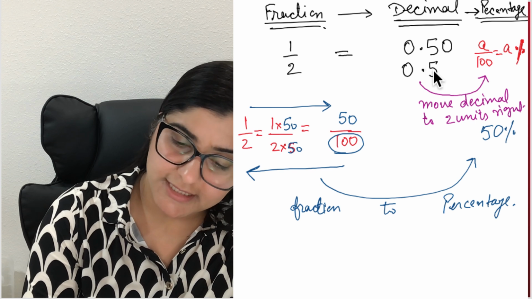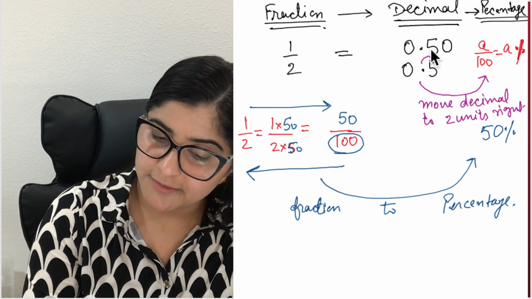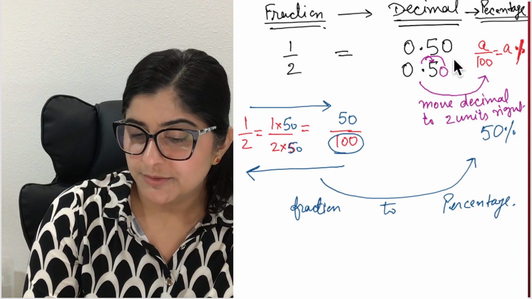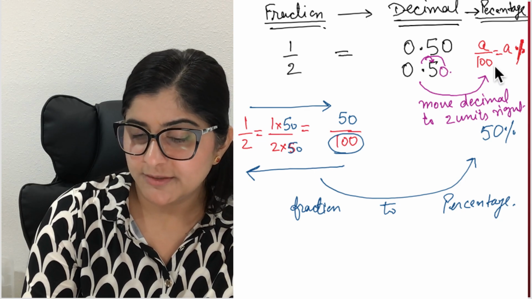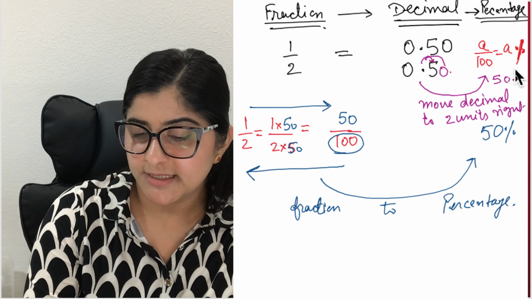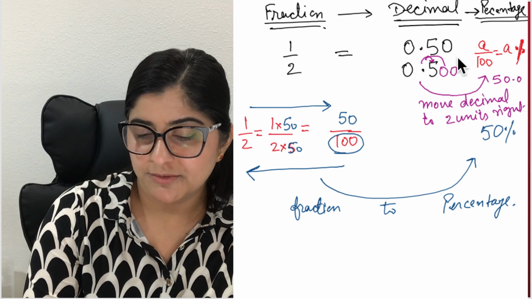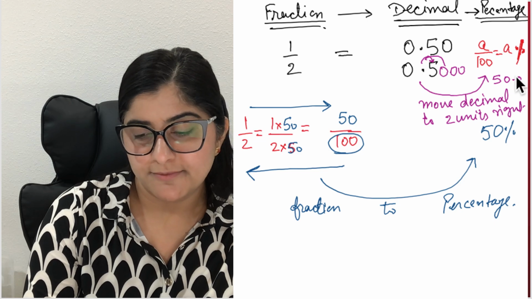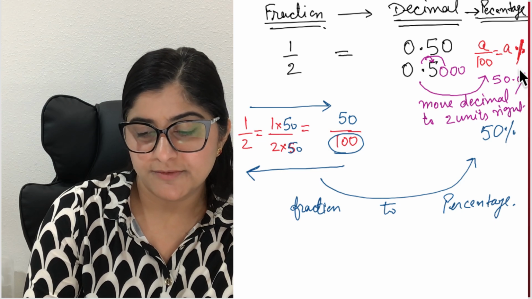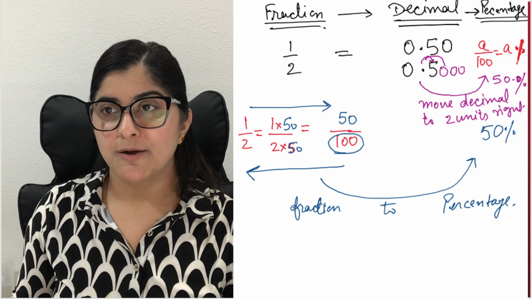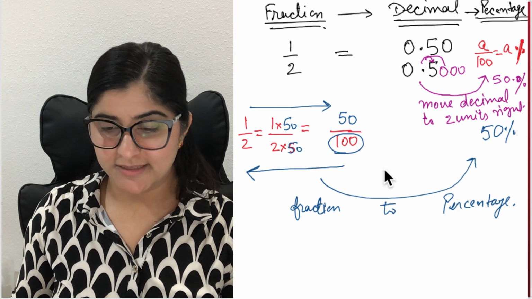If you move it 2 units right, 1, and there is nothing else, that's why we put 0. So 2, the decimal point will move here, and we get 50 decimal 0. There is nothing else after that, there are zero digits. So you can say 50 decimal 0 or just 50%. This is how we change a decimal to a percentage.